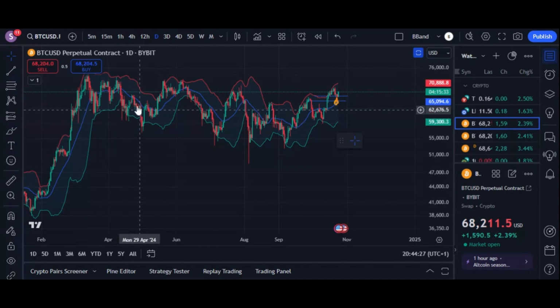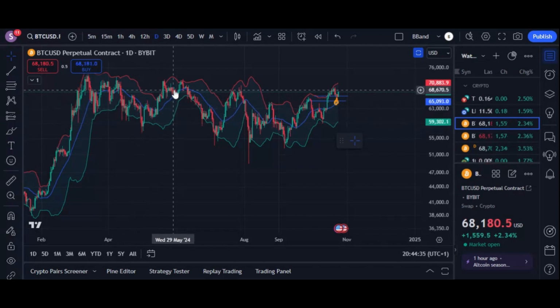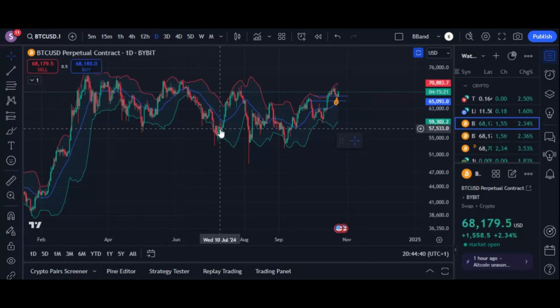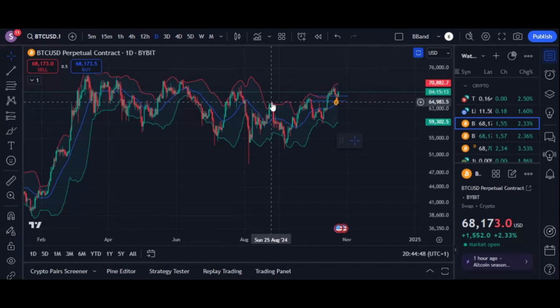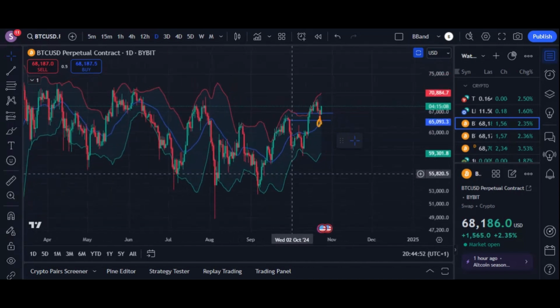Then there was a trending move to the downside, which, remember, when you're using the Bollinger Band is when the price stays one side of the midpoint. It then bounced, and there was a trending move to the upside. It then was rejected, trending move to the downside, bounced, trending move to the upside, rejected, trending move to the downside, then just a little bit of a bounce, and then it put in what looked like a double bottom.